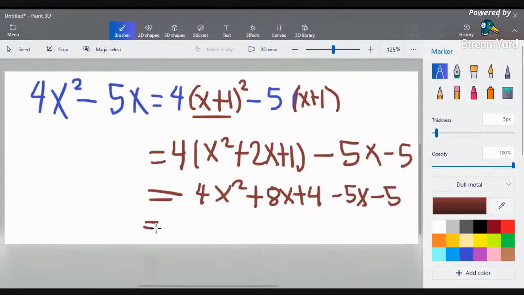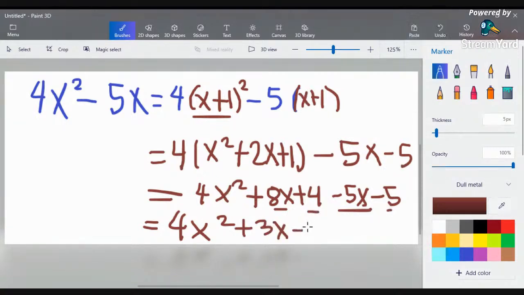So combine like terms, so you will get your final answer. So we have 4x squared, 8x minus 5x, that's 3x. And 4 minus 5, that's negative 1. So we have 4x squared plus 3x minus 1. Okay, that will be for the composition of functions.